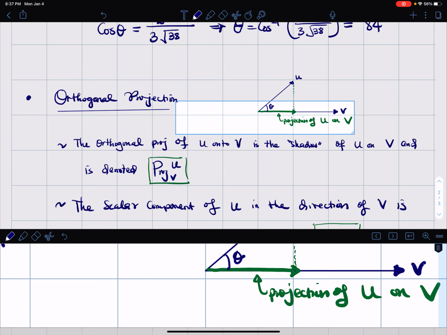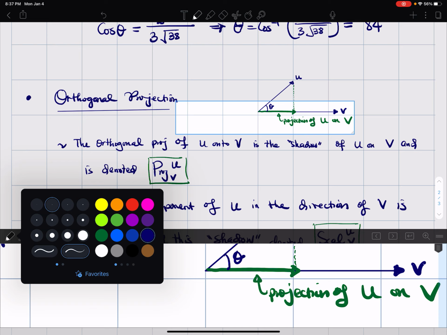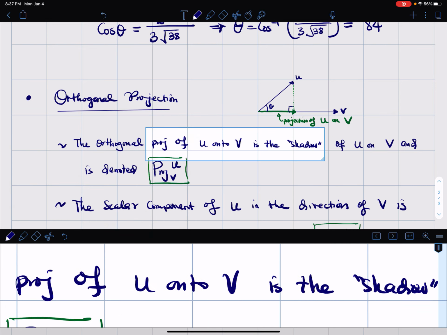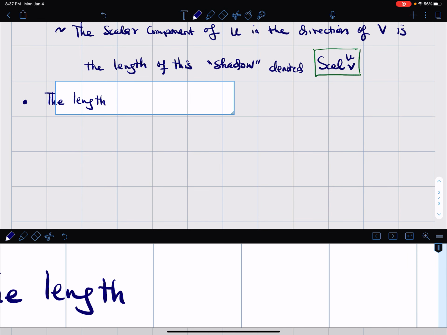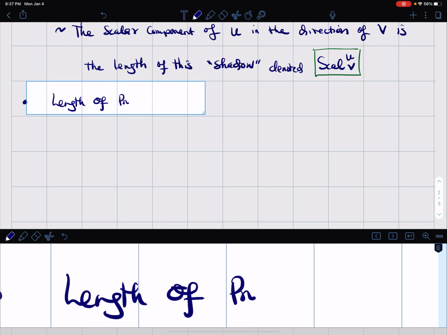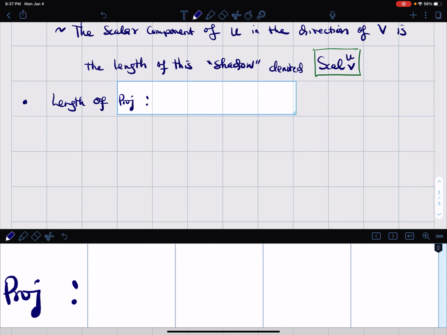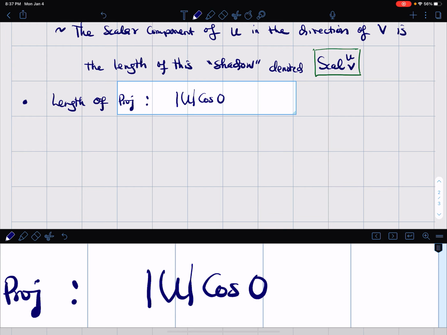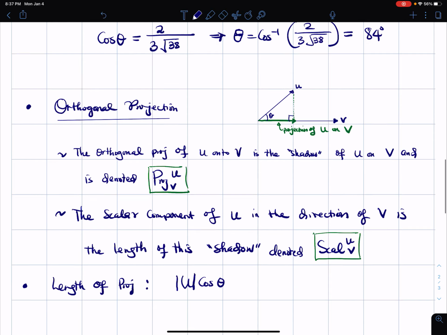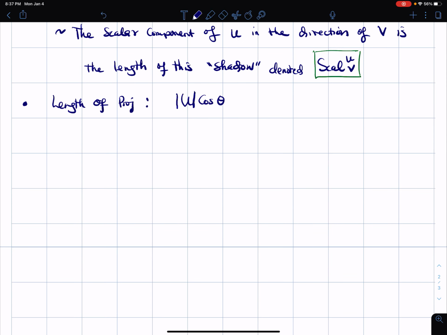If you look at it, assuming you complete this right-angle triangle, since this projection is on the adjacent side, the length of the projection is simply the magnitude of u times cosine of theta, because the magnitude of u is the hypotenuse.